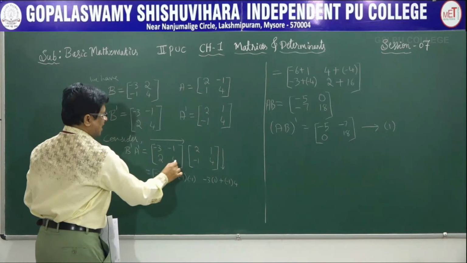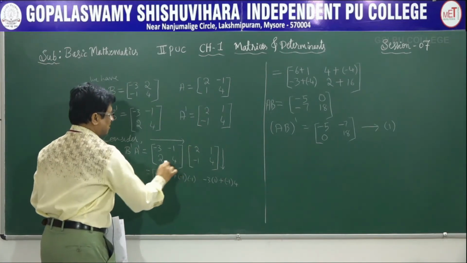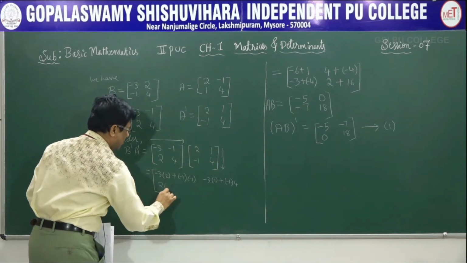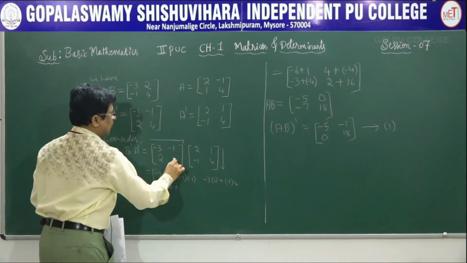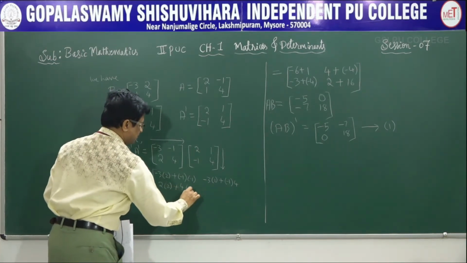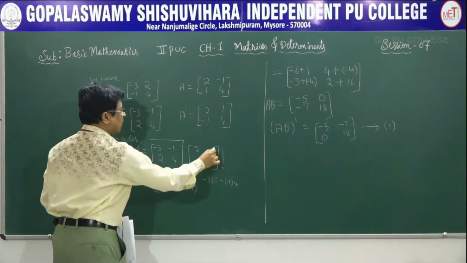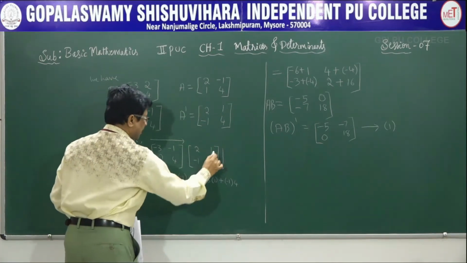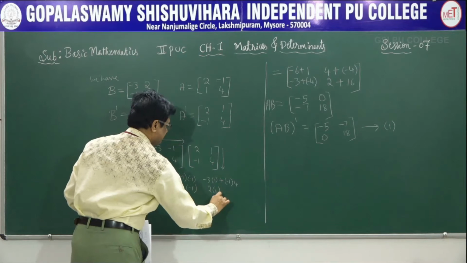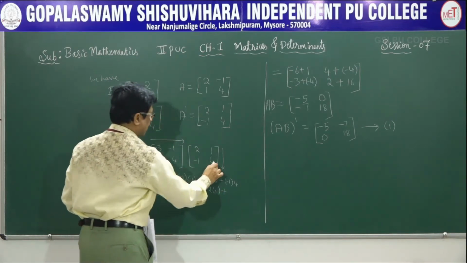Next, second row into first column, 2 into 2 plus 4 into minus 1. Next, second row into second column. So 2 into 1 plus 4 into 4.